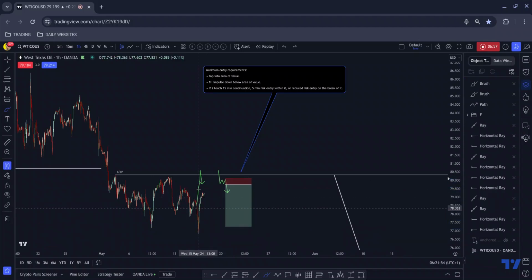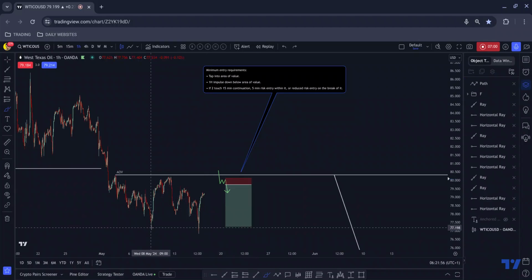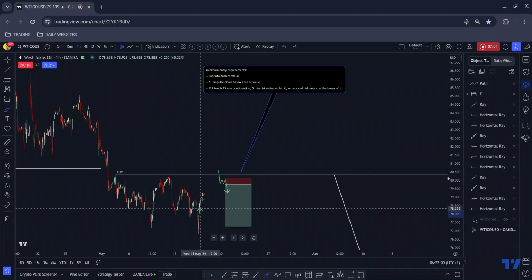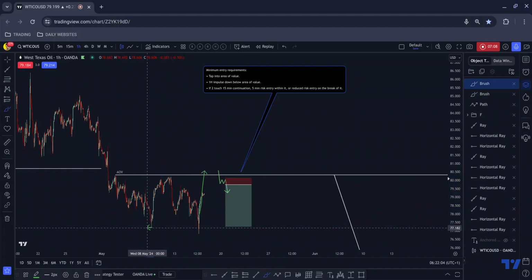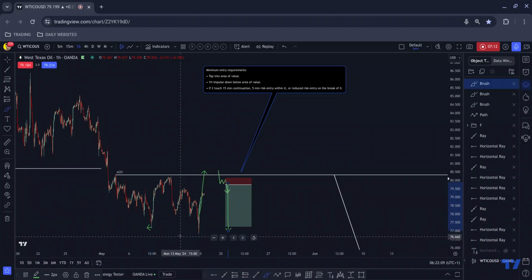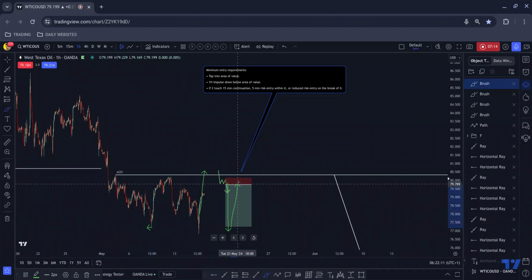What I like about these expanding patterns is, if we had pushed up from here yesterday, that would have been fine. But there's always a chance, because we didn't tap into that area, that I may have got my entry, price may have come down, tapped into that area, and then pushed up from there.